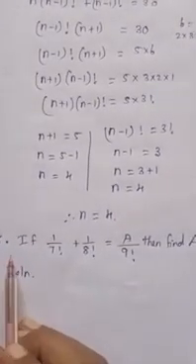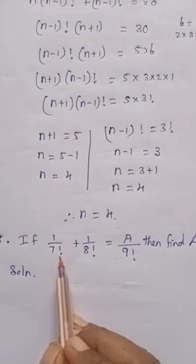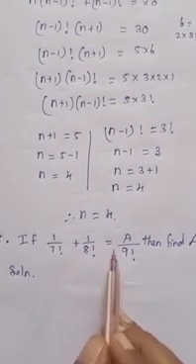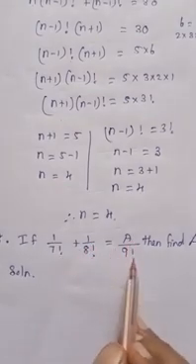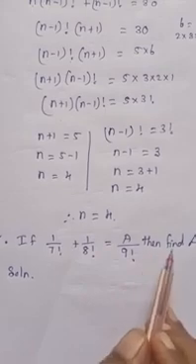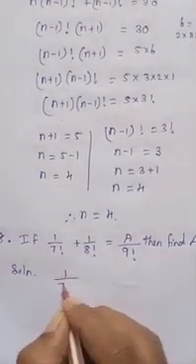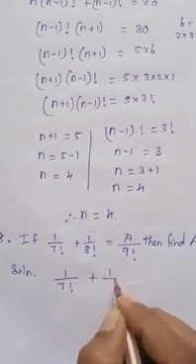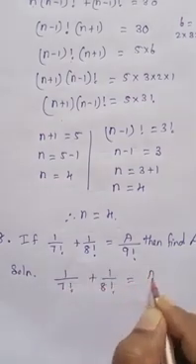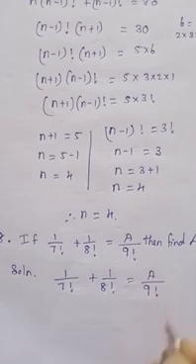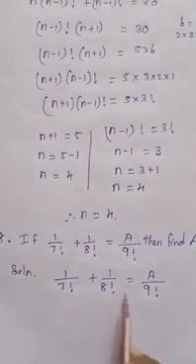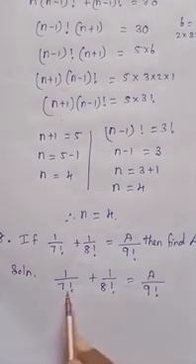Now problem number 8. If 1 by 7 factorial plus 1 by 8 factorial is equal to a by 9 factorial, then find a. We need to find out the value of a. See, 1 by 7 factorial plus 1 by 8 factorial is equal to a by 9 factorial. In the denominator, when we check, 7 is the least value, isn't it?